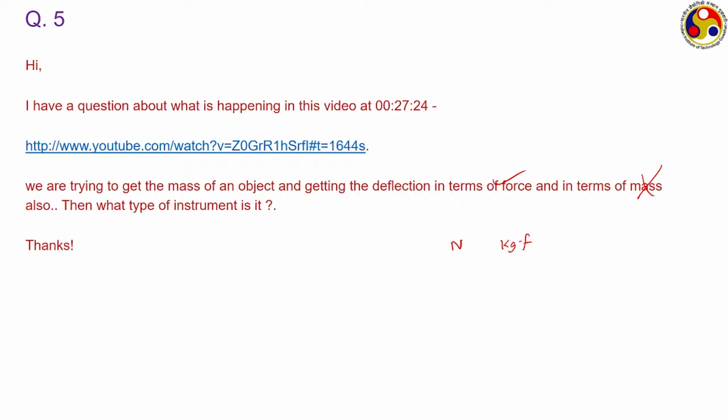Suppose some mass of certain object is 2 kg, we often say that the weight of this is 2 kg force, which actually refers to 2 into 9.81 Newton, which is the true weight for this. So both refer to the same thing. Whatever value we have here needs to be multiplied with 9.81 to get the value in terms of Newton. So we are not getting a measurement of mass, we are only getting a measurement of force using a spring balance.